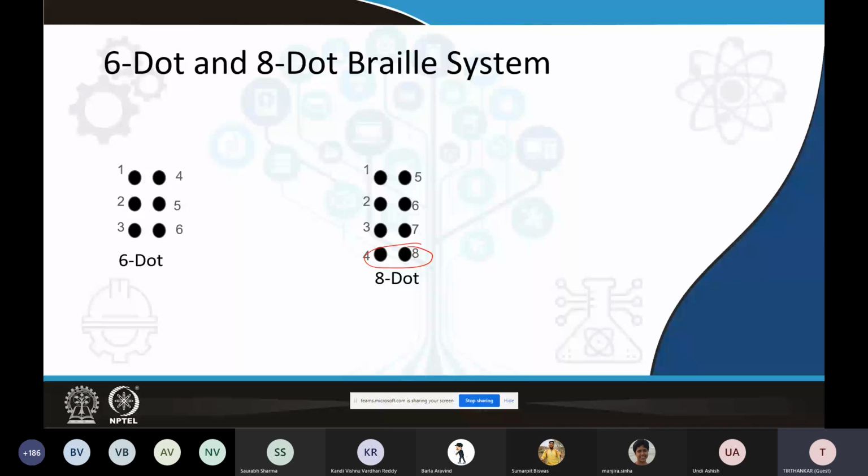But again, you will find in the literature that there are two different kinds of dot systems.